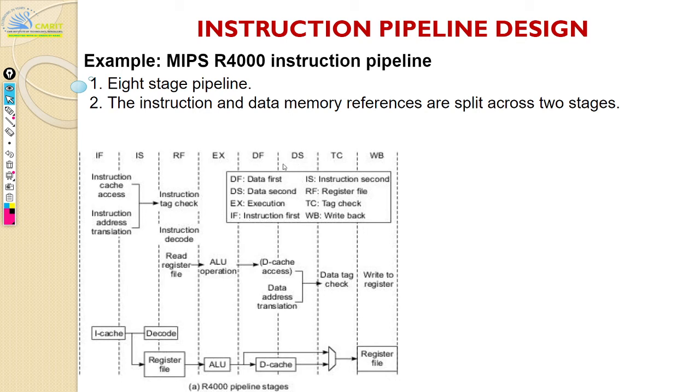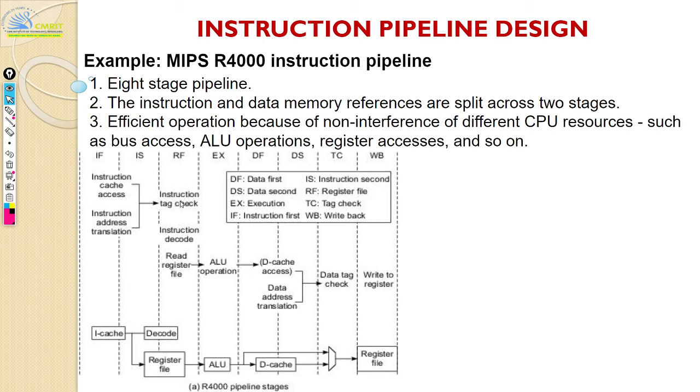The reason for this is that you're going to interleave the data access, any memory access, into two things. You're going to have a read and a write, so you divide it into first and second stages so that there is no interference between different resources. If somebody wants to read and someone wants to write into memory at the same time, you will do it at two different stages.